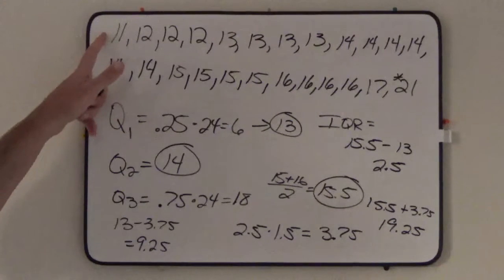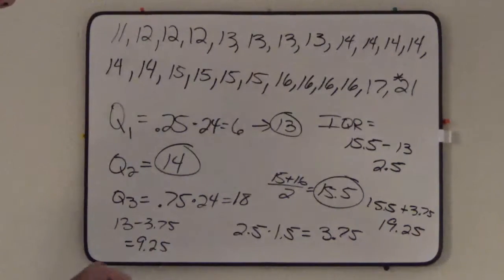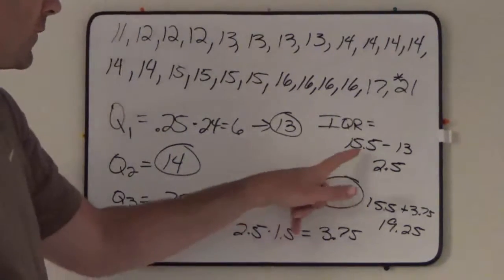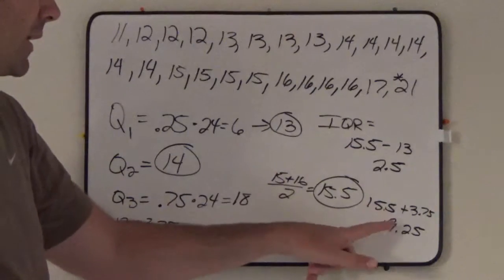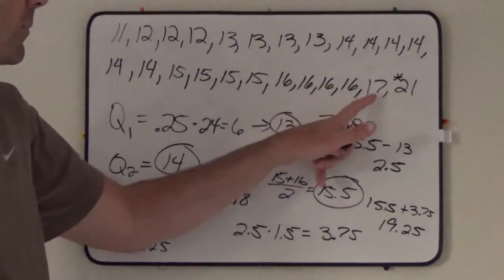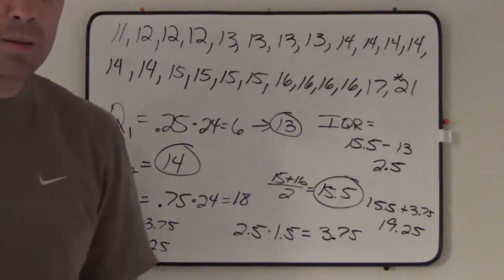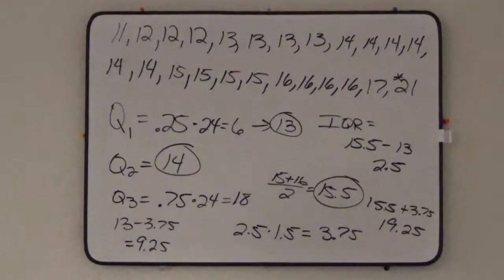All the numbers to the left fit within 9.25. They're all bigger than 9.25. And then I took the 15.5 and I added the 3.75 and I got 19.25. All the numbers are smaller than 19.25 except for 21. So 21 is an outlier.